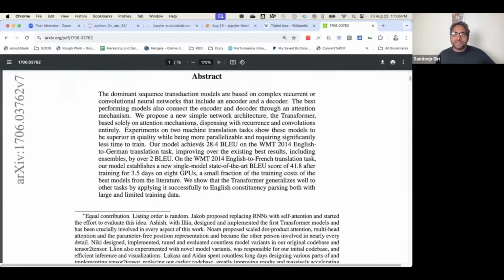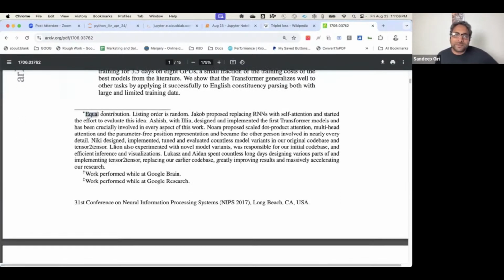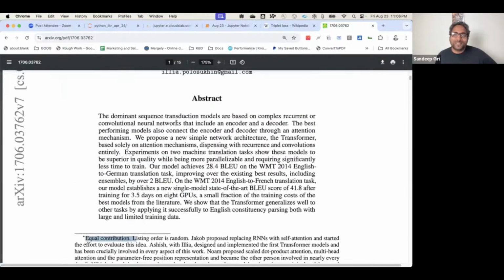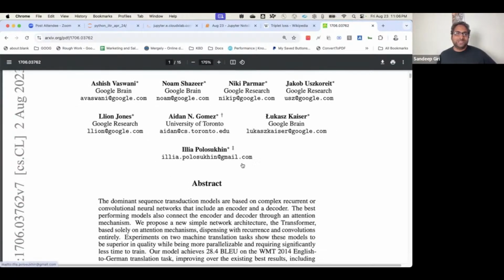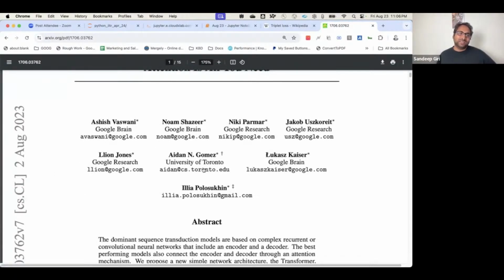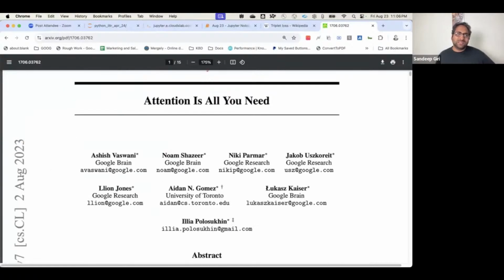If you see here the contribution of the paper, so many people have contributed. Eight people have contributed to this paper. In which year? 2023. What? 2nd August 2023.